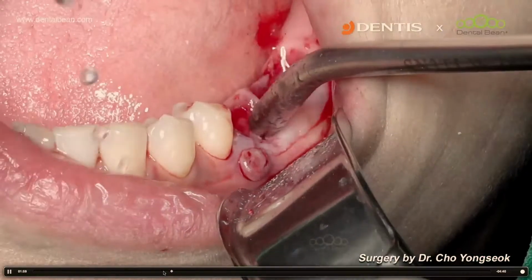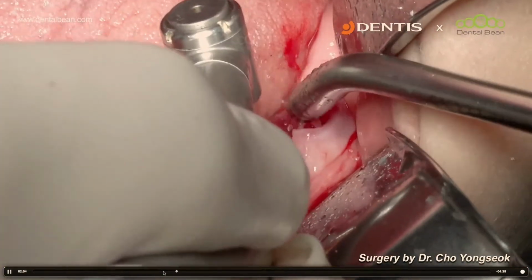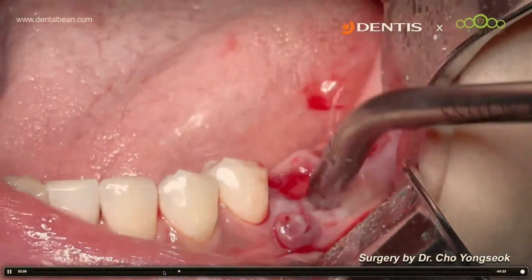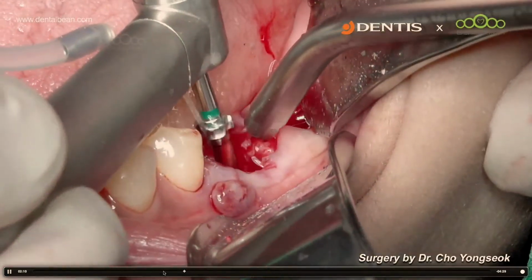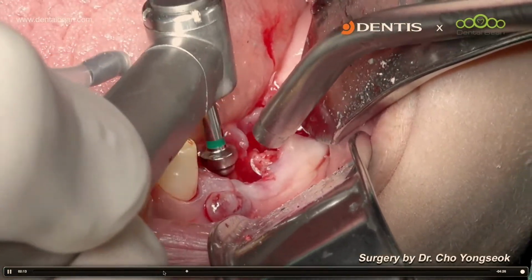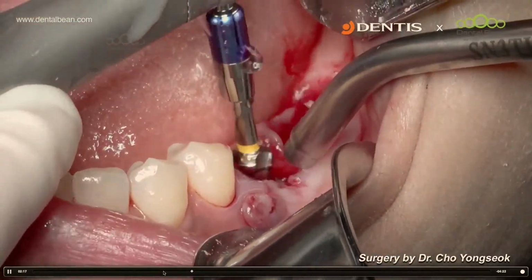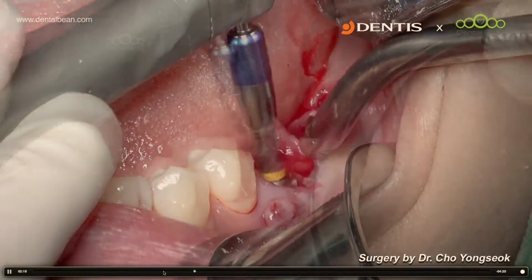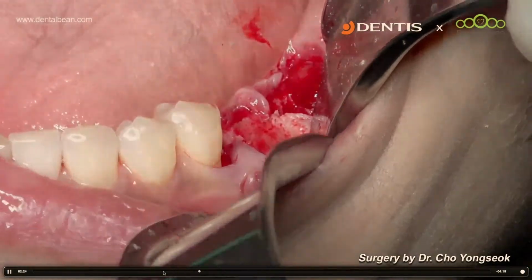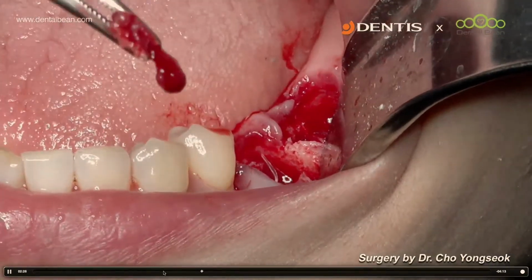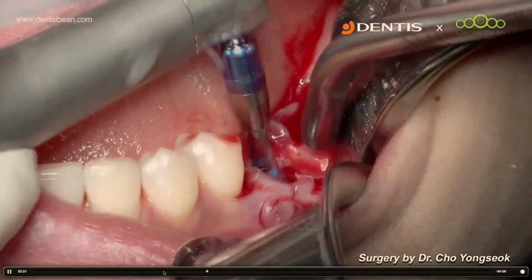Number 6 site positioned about 5 mm distal from the second premolar. Okay, depth gauge is my useful tool to make safe drilling. 4.0 drill was used, and 4.5 drill at last.